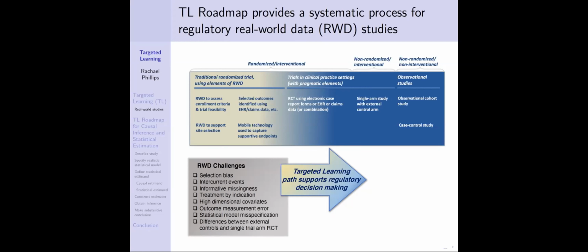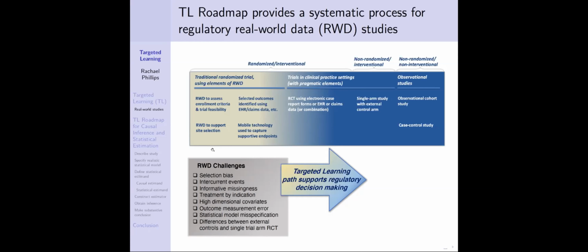And this image here was borrowed from a slide, a webinar that was given about using real world data in the FDA. So even in clinical trials, regulatory decisions are increasingly being made using data that is based somewhat on randomized trials, and then also pulls in observational data from external sources.